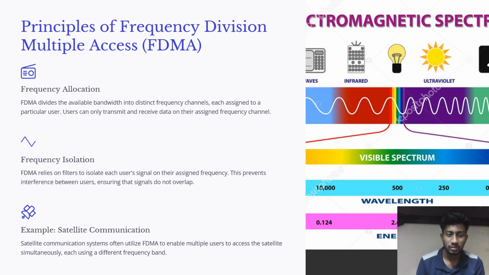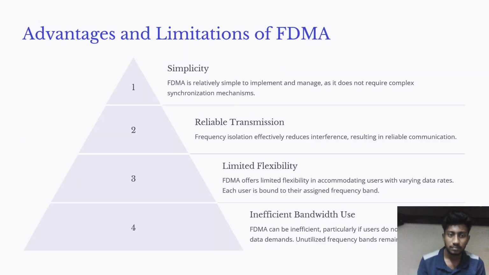This prevents interference between users and ensures that signals do not overlap. Example: satellite communication. Satellite communication systems often utilize FDMA to enable multiple users to access the satellite simultaneously, each using a different frequency band.